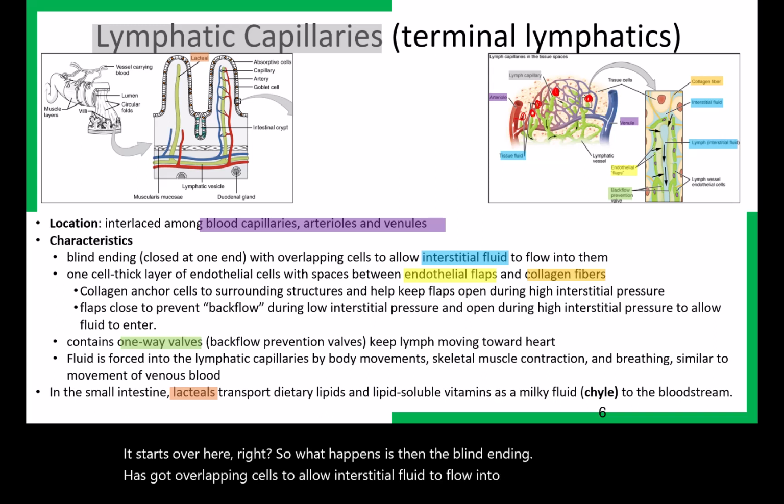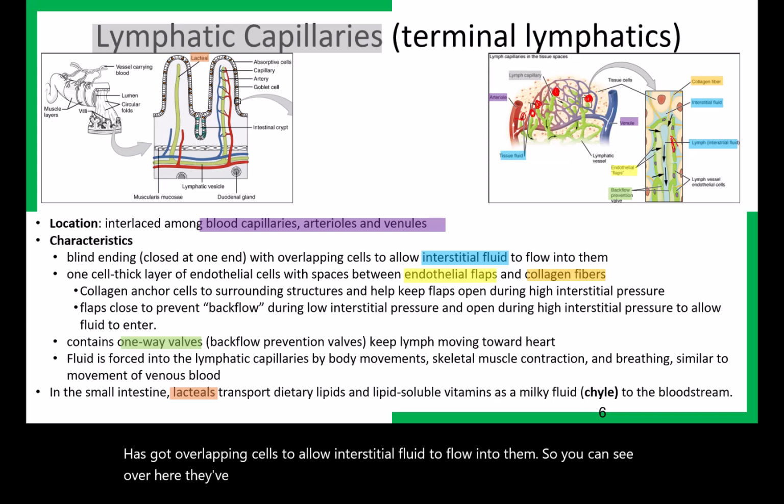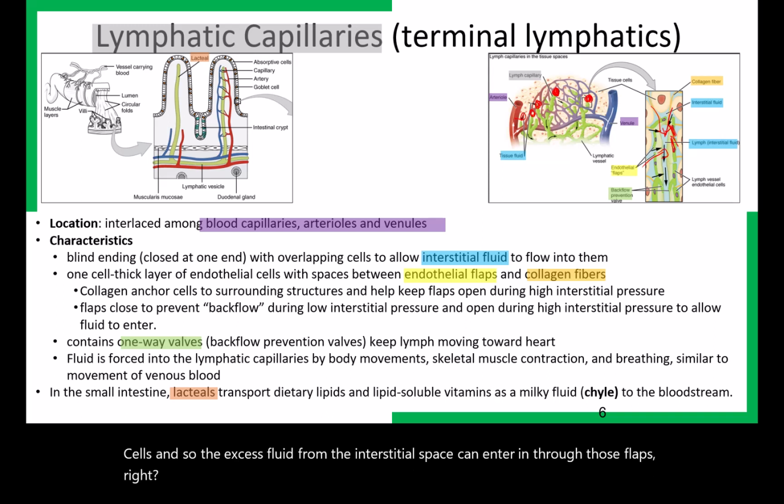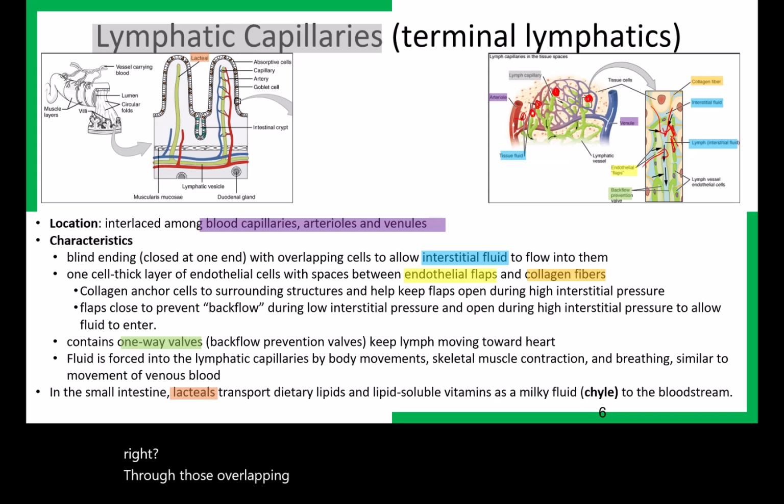You can see they've got overlapping cells, and so the excess fluid from the interstitial space can enter through those flaps, through those overlapping cells.